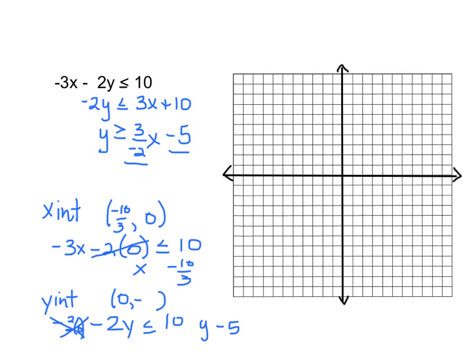So again, this is going to be negative 5. So going back to the original y equals mx plus b, I'm going to start with negative 5. 2, 3, 4. Put a point on negative 5. I'm going to do positive 3 backwards 2. Positive 3 backwards 2. Since this is a greater than or equal to, I'm going to have a solid line that's going to look like this.